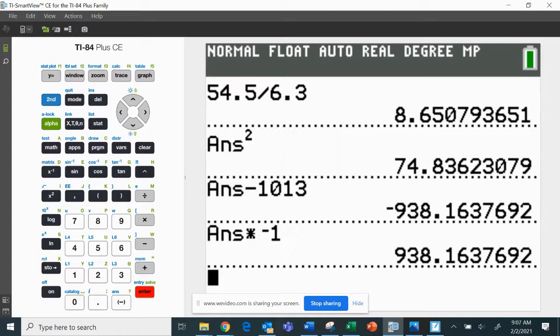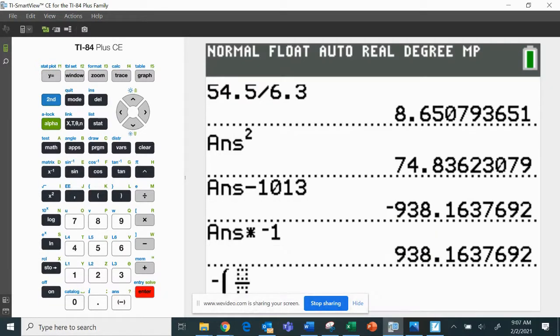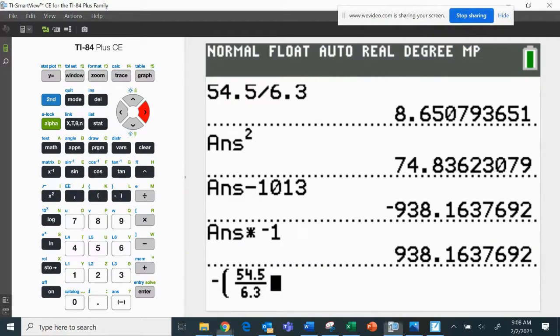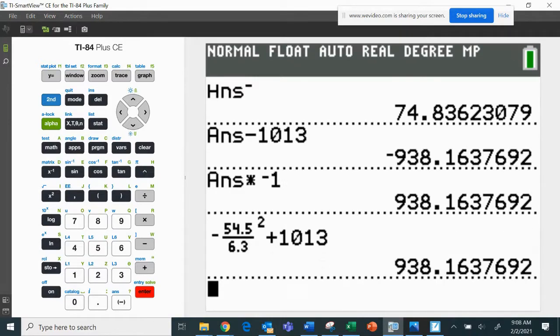Or you could just wait till the end and type in negative parenthesis alpha y equals, and then do 54.5 over 6.3 squared plus 1013. So you can just type the whole thing in at the end if you want as well. Either is fine.